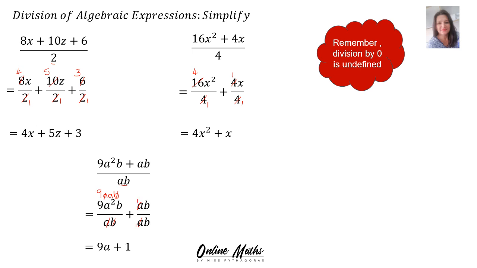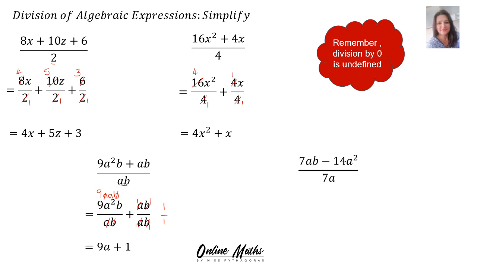So those two a's will cancel each other out. And then b goes in itself once, and b goes in itself once. So what's left is 1 times 1 is 1 over 1 times 1 is 1. So you're left with a 1 over a 1, which is 1. Therefore, the answer to that sum is 9a plus 1.